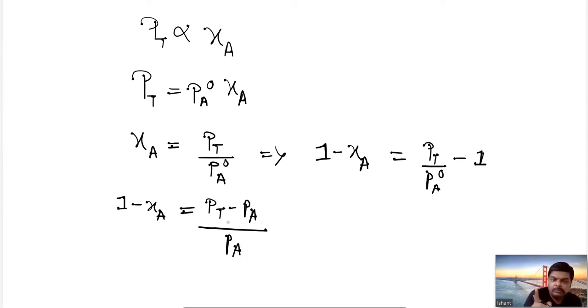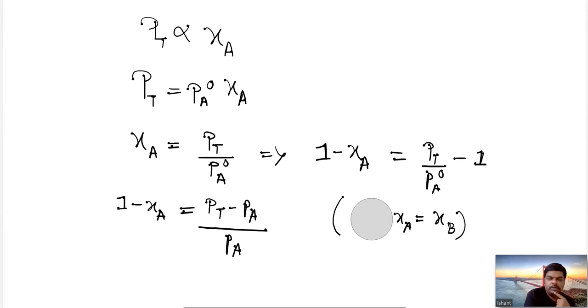In the previous class we have seen that XA plus XB equals 1, the mole fraction of the total solution is always 1. So according to that, 1 minus XA equals XB.